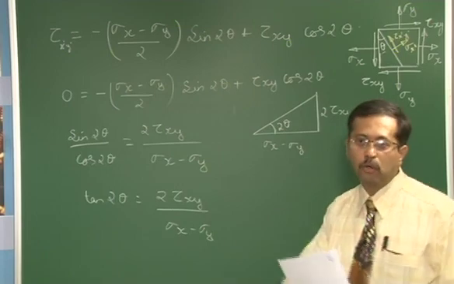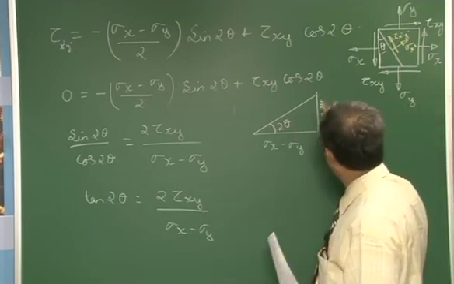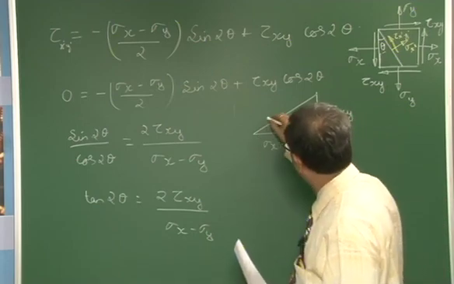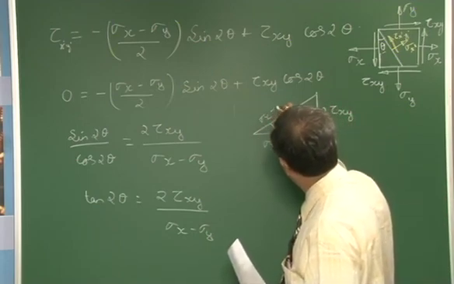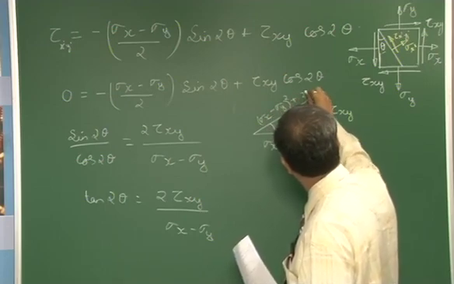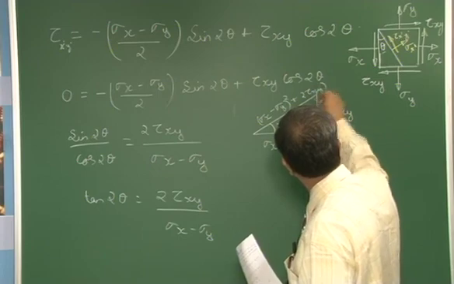So, according to the right angle triangle Pythagoras theorem, I can find out the hypotenuse, which I would get as the square root of sigma x minus sigma y whole square plus 2 tau xy whole square.